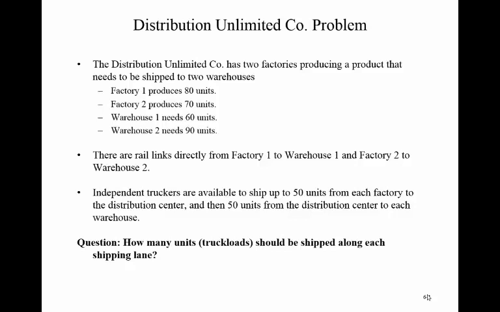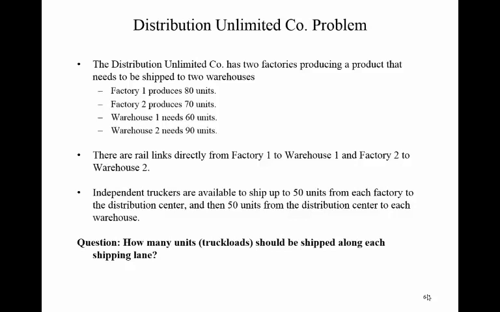However, there's also direct ways to ship from a factory to a warehouse, and that is by a rail link. And so we have unlimited capacity on the rail links, but if we ship to and from the distribution center, we have a maximum capacity that we can ship, that being 50 units for each leg of that journey.